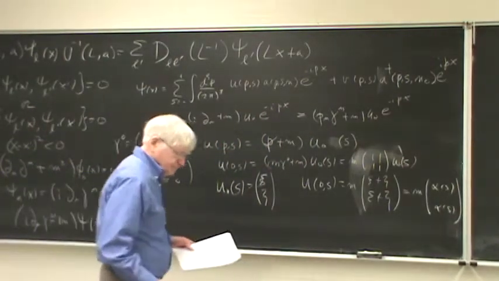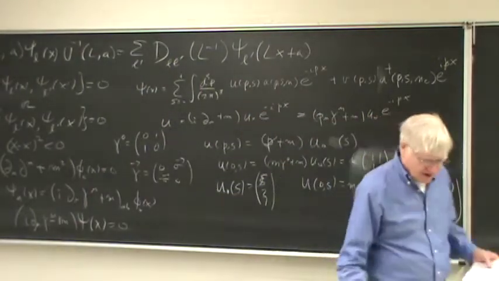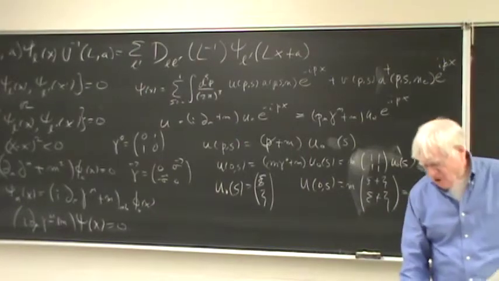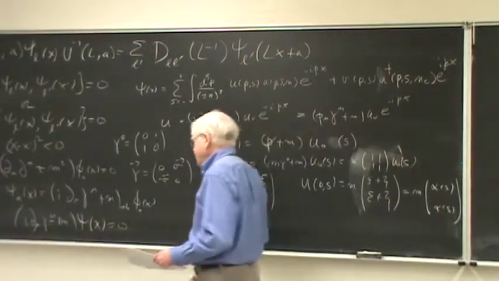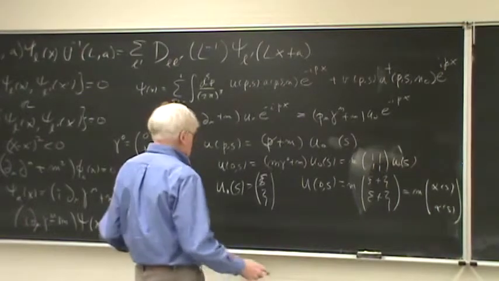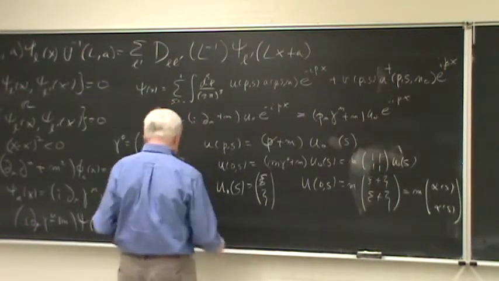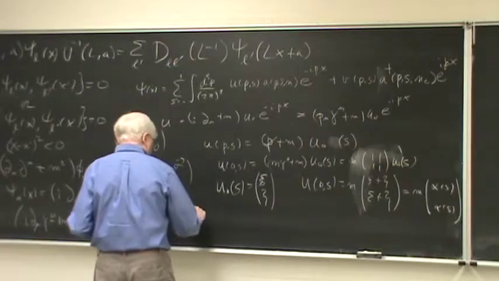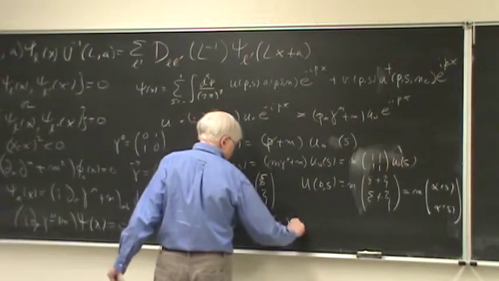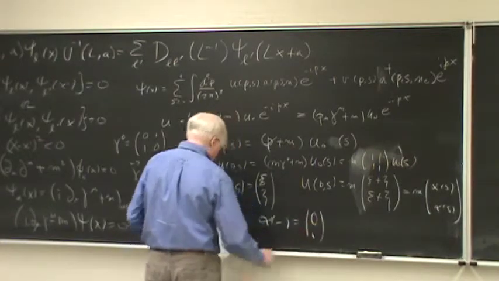Okay. Now, there's some arbitrariness of an overall phase, but you can always choose the phase so that α plus is (1, 0) and α minus is (0, 1).